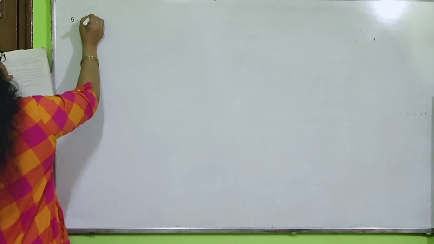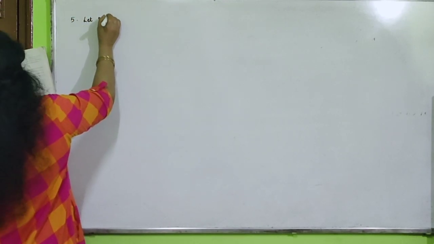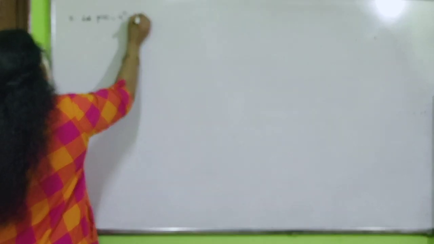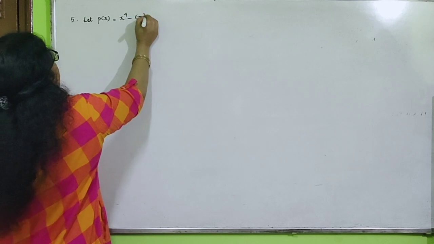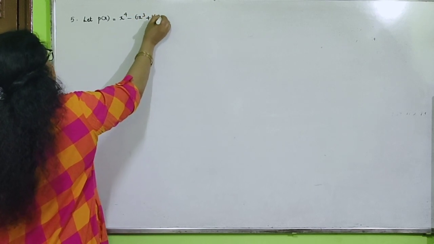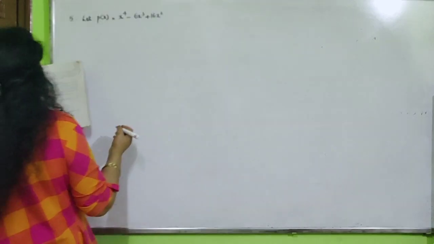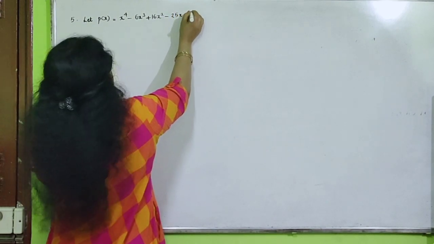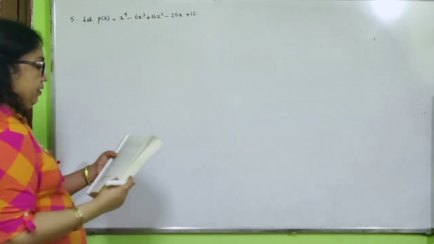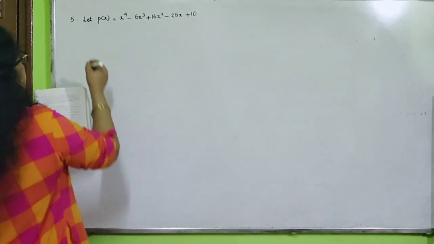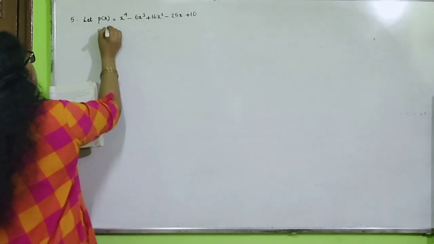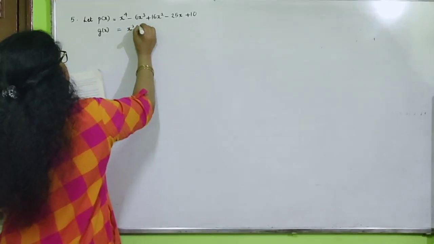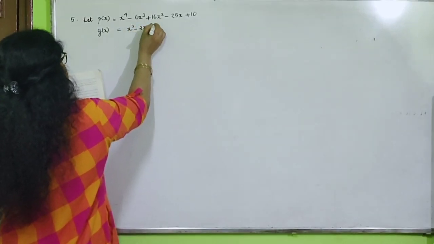So I am taking p of x equal to x raised to 4 minus 6x cube plus 16x square minus 25x plus 10. This is p of x, divided by another polynomial. So let that polynomial be g of x: x square minus 2x plus k.